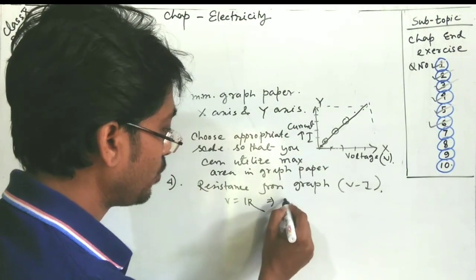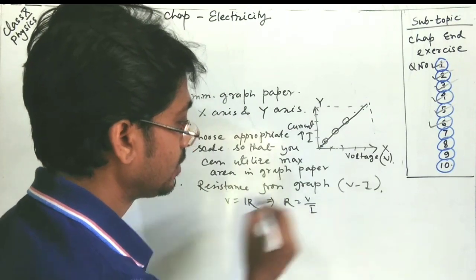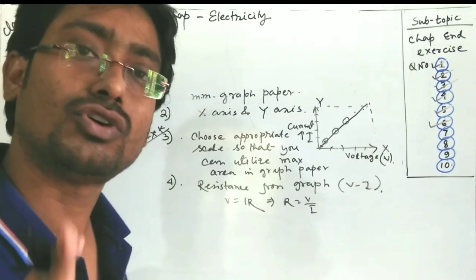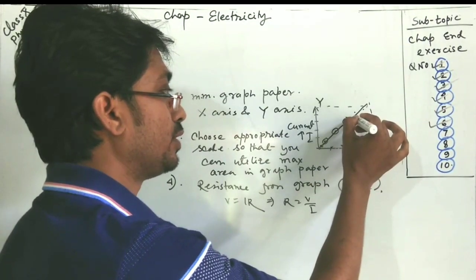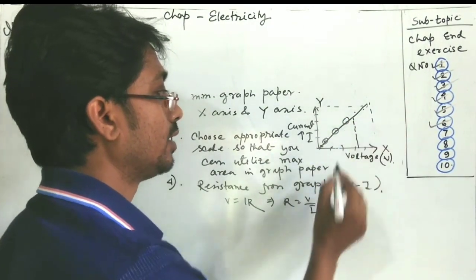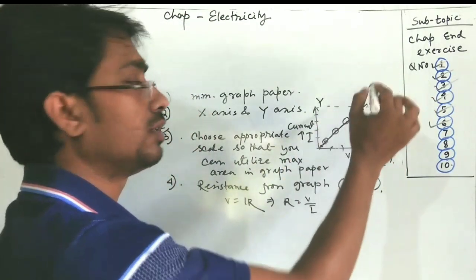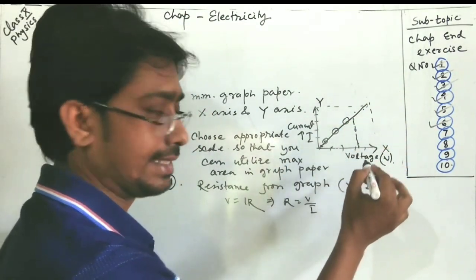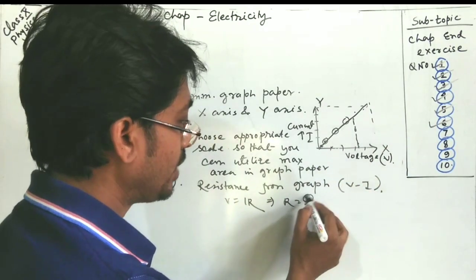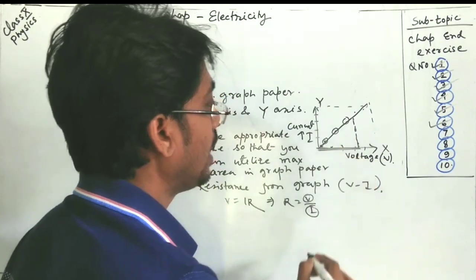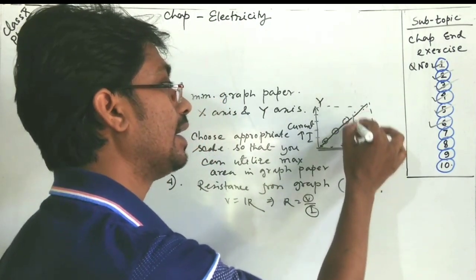So R is equal to V by I. From this graph, it will be a straight line passing through the origin, we know. So from any point on the graph, drop a perpendicular on the V axis. Then find out what V by I is. This will be V, and this will be the I axis.